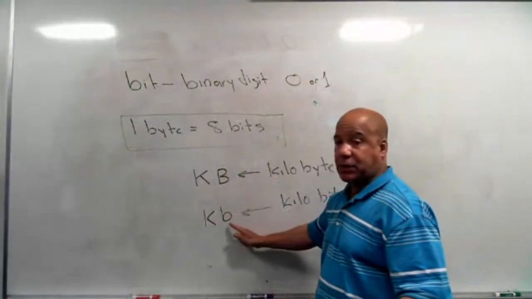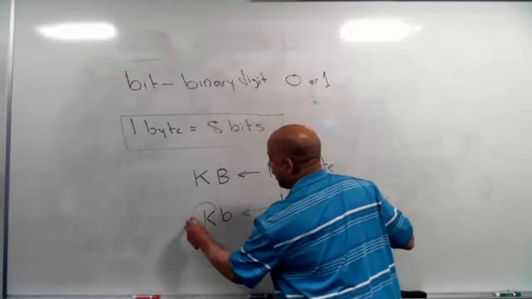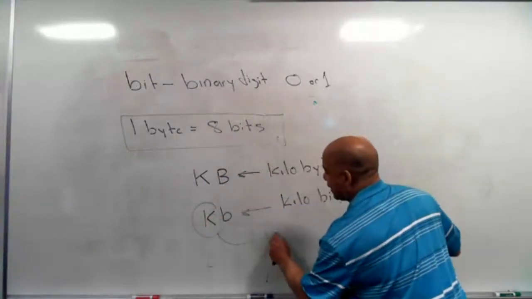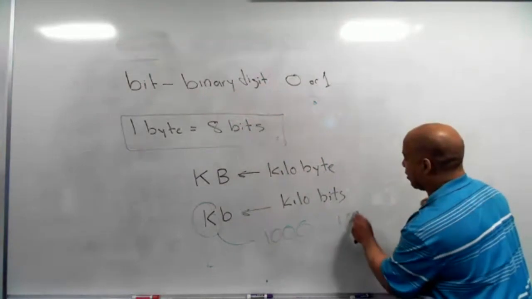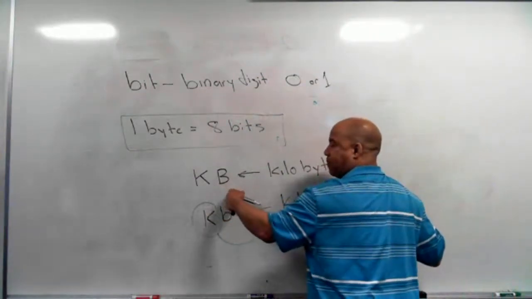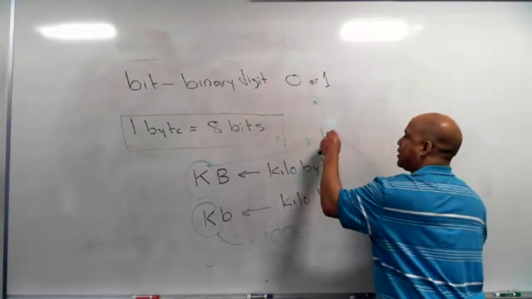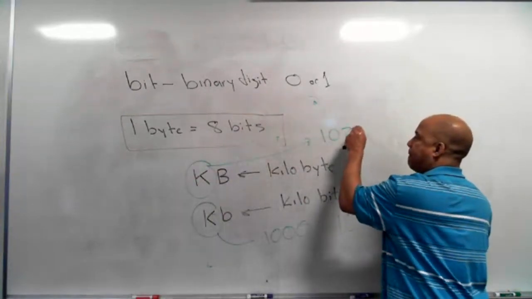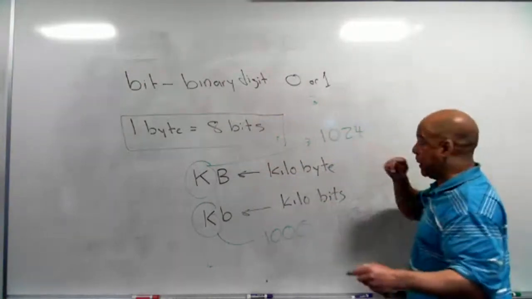If I have a lowercase b, kilobit, then this kilo right here is 1,000, like you think it is. Kilo is 10 to the third. But if I have that K in front of a capital B, kilobytes, then this does not mean 1,000. It means 1,024, because this has to do with base 2.